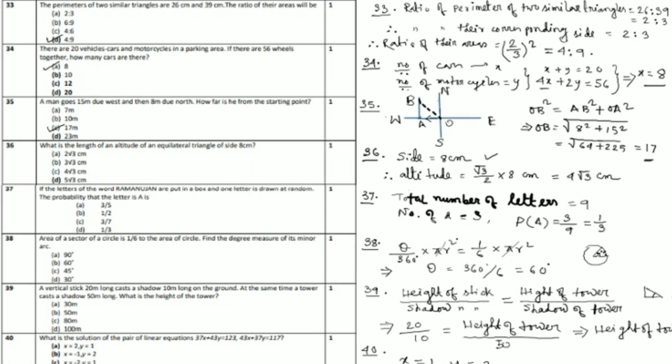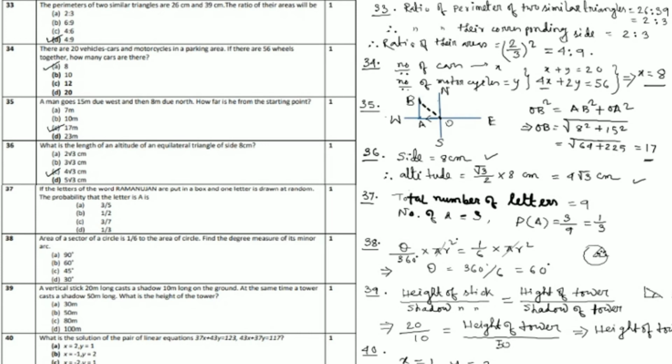Now question number 36. What is the length of an altitude of an equilateral triangle of side 8 cm? Here side is equal to 8 cm. We know that the formula of altitude is equal to root 3 by 2 into the length of the side. Here the length of the side is equal to 8 cm. So it will be 4 root 3 cm. So option C will be the right option. Now we will solve problem number 37.